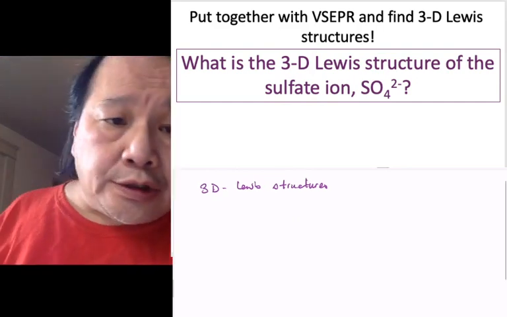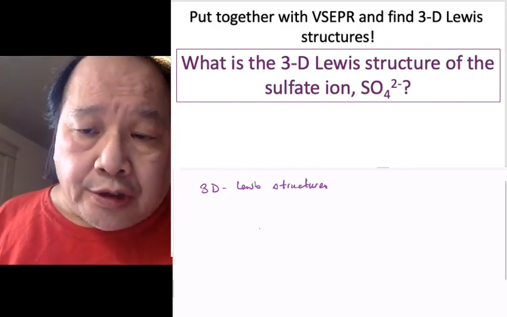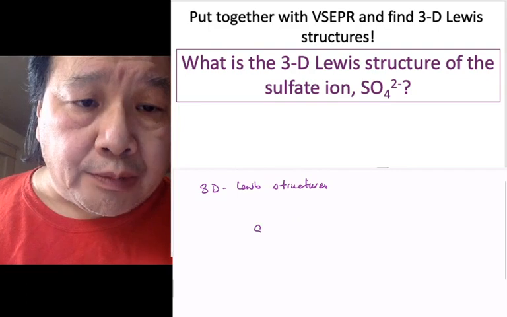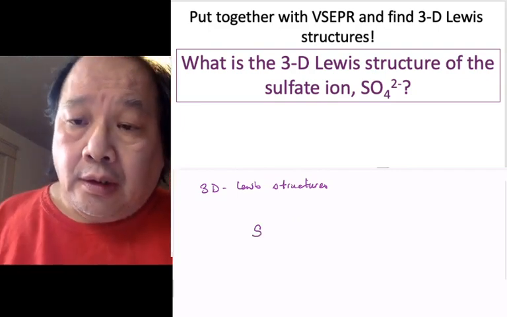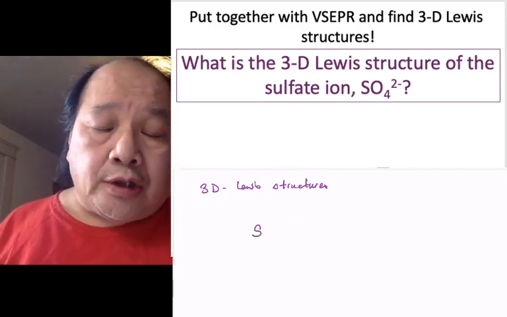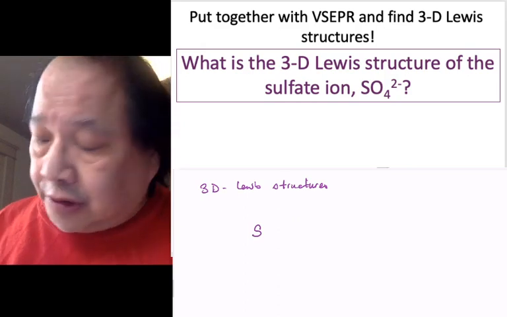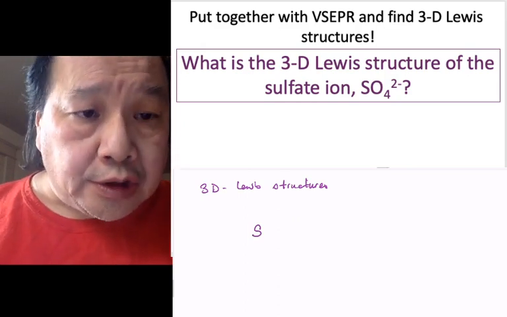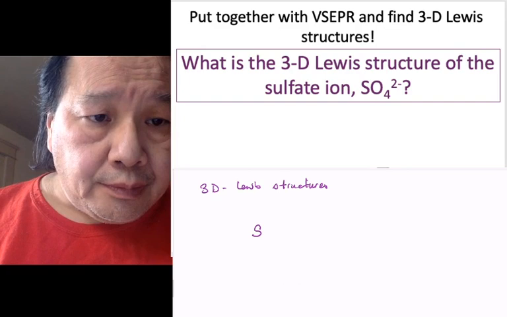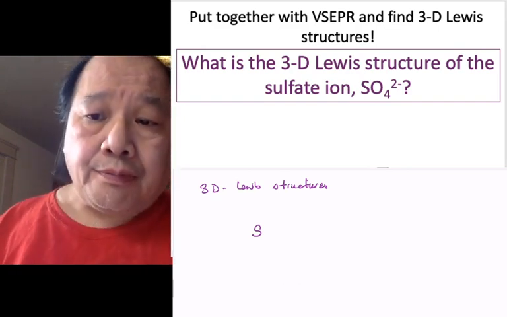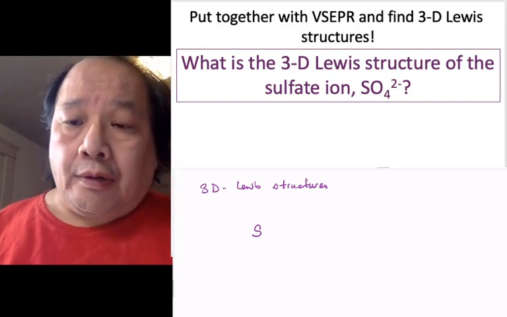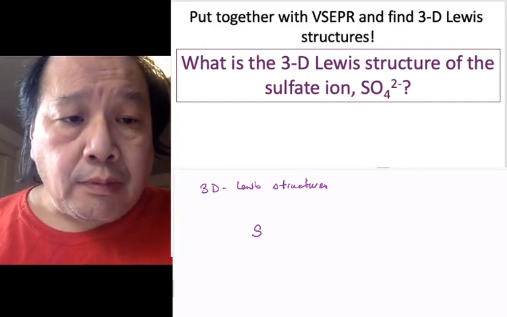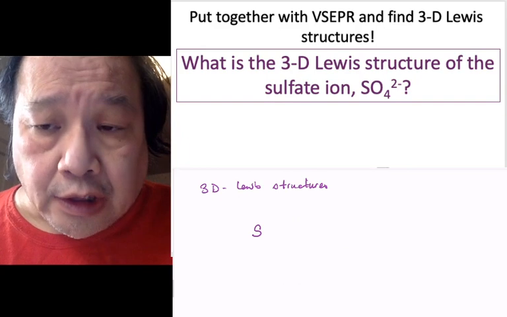And what is the steric number around that central atom, sulfur? How many electrons does oxygen give to the central atom? Put it in chat. Good, 0. So sulfur has 6 valence electrons.